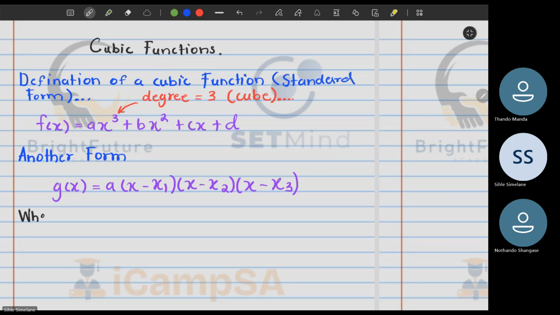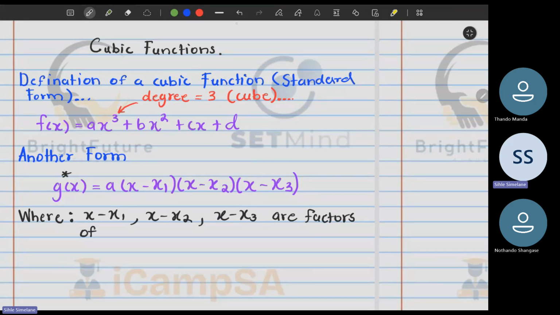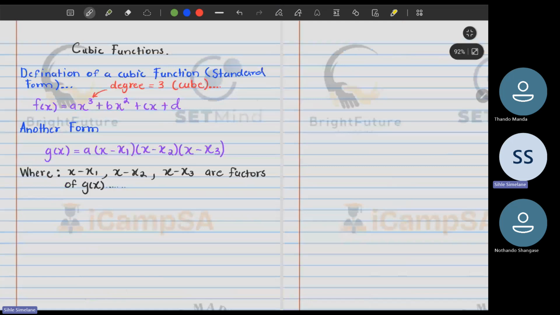What you should see is that we have factors here, which is essentially x minus x1, x minus x2, then x minus x3. These are factors of the function that we are working on, which in that case is g of x, okay? So that is just about it. They can give you a cubic function either in this way or in that way, okay?